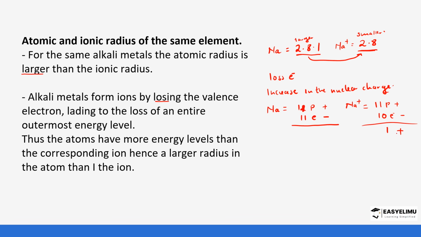This causes the overall ion to be positively charged. So we say there is an increase in the nuclear charge because the nucleus now has more protons in comparison with the electrons. So what happens? It pulls the remaining electrons closer to the nucleus.